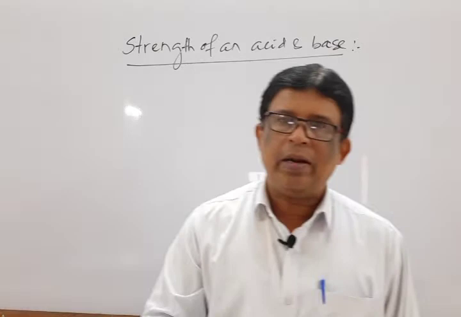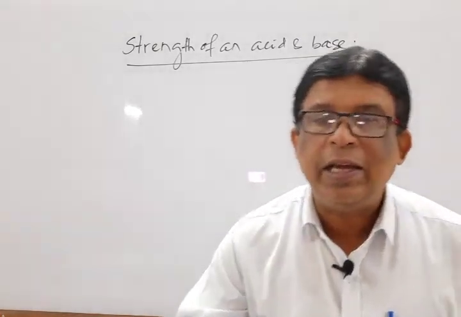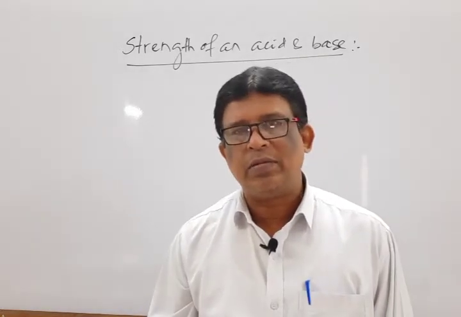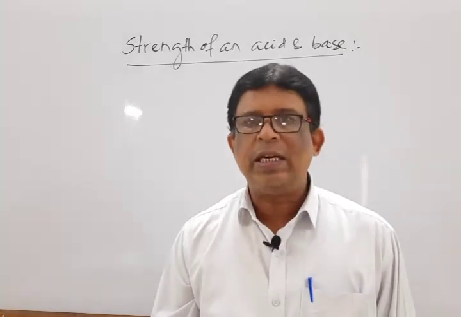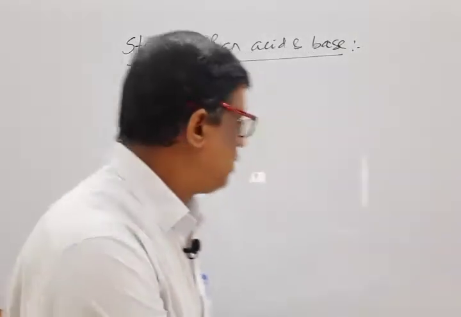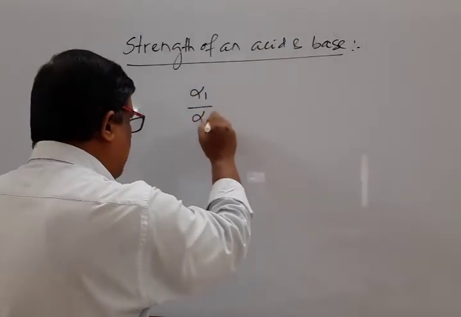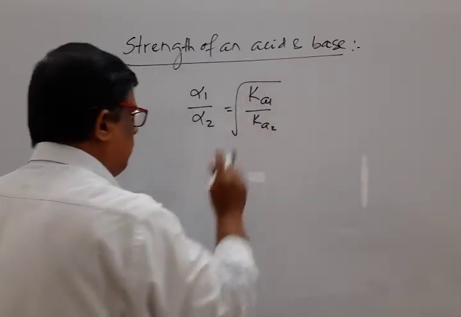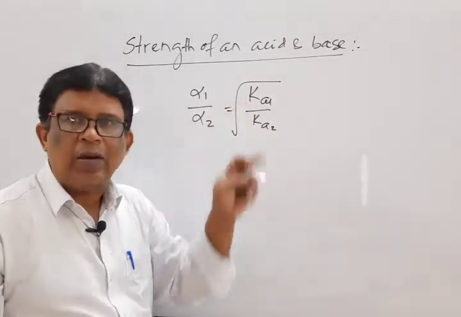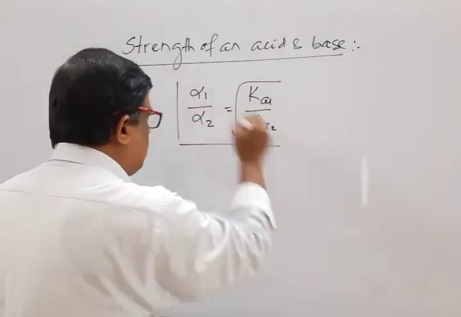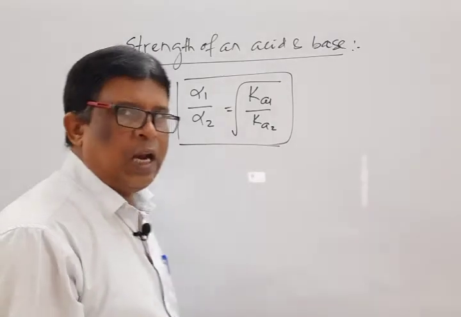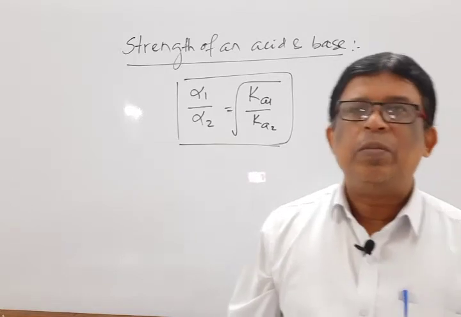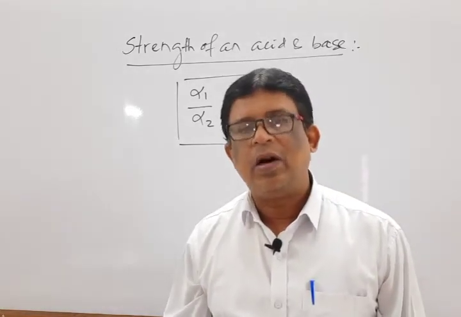Next, if we compare the relative acidic nature between two acids, and similarly the relative basic nature between two bases, with the same concentration C, then it has been observed that alpha1 by alpha2 for acids is equal to the square root of Ka1 by Ka2, where Ka is known as the ionization constant or dissociation constant for an acid, and alpha1 and alpha2 are the degrees of ionization or dissociation for the two weak acids or weak electrolytes.